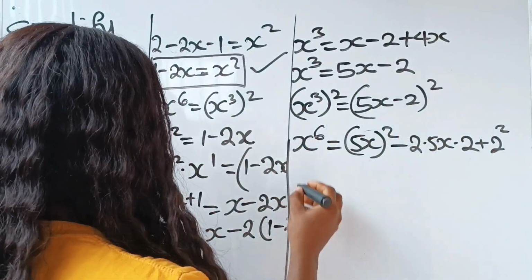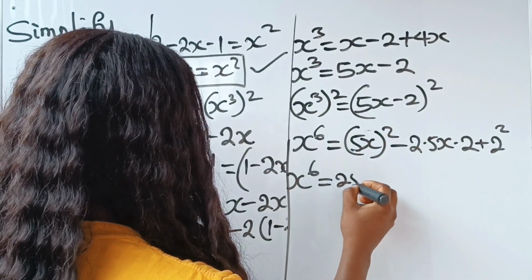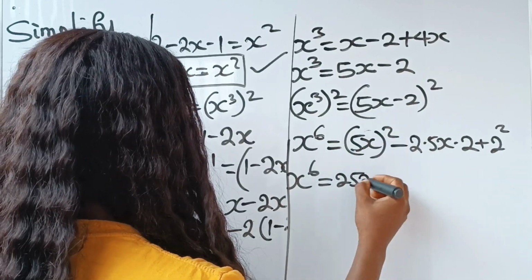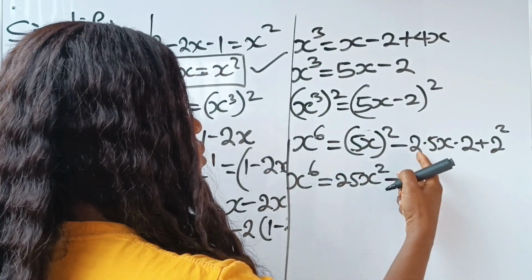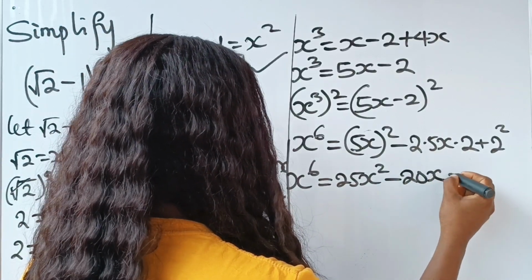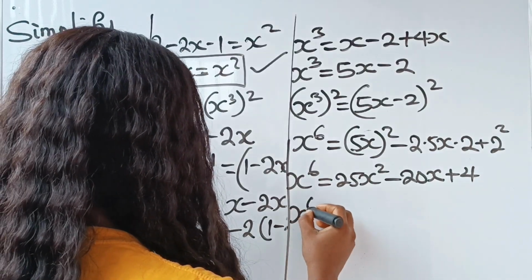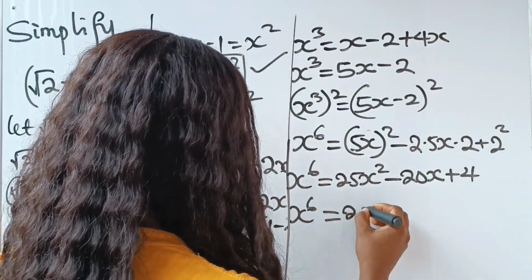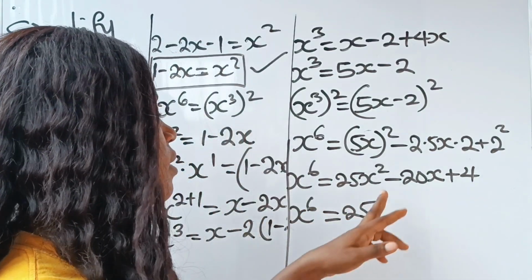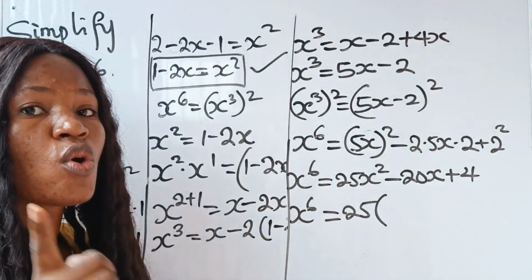So we have x to the power of 6 is equal to 5 squared will give us 25 x squared, minus 2 times 5 is 10, 10 times 2 is 20. We have 20x plus 4. So x to the power of 6 is equal to 25. Recall that anytime you see x squared, we will replace it with what? 1 minus 2x.